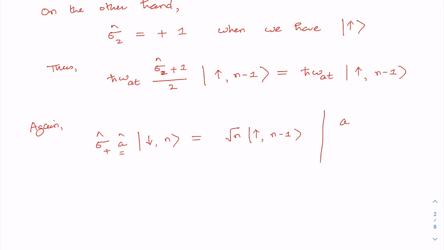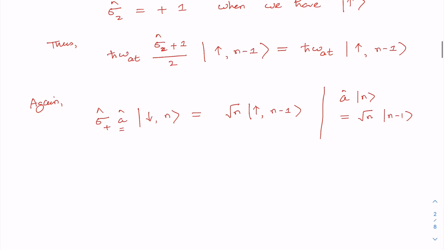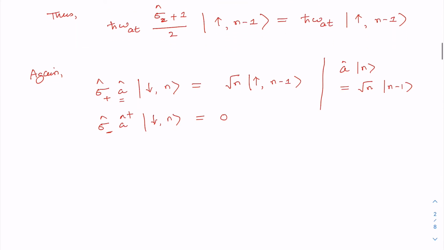Just recall that when a operates on this number ket, you will get square root of n minus 1. And when σ- a† operates on this state, because the atom is already in the ground state, it cannot go lower than that. The atomic lowering operator cannot lower it further, so you will get simply 0 here.